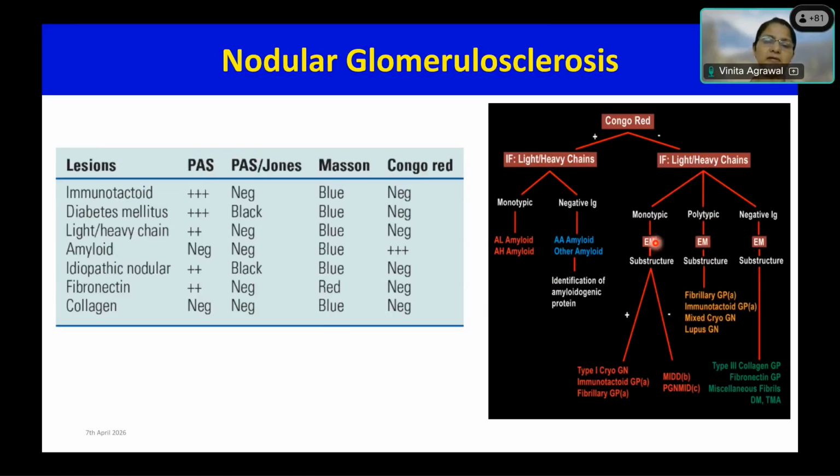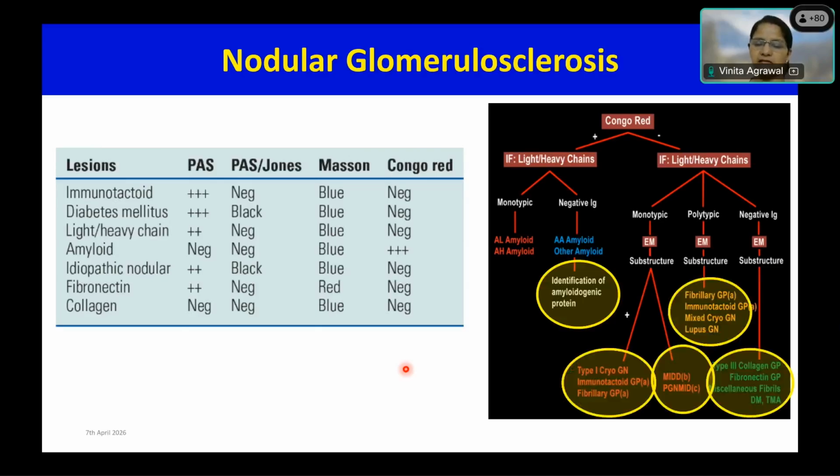Okay, so I always want to tell you that once you have made a diagnosis of amyloid, you always need to identify the protein and of course consider all of these conditions. There are a large number of conditions which can present as a deposition disease, like MIDD, PGN-MID, fibrillary, immunotactoid, fibronectin, and so on and so forth.